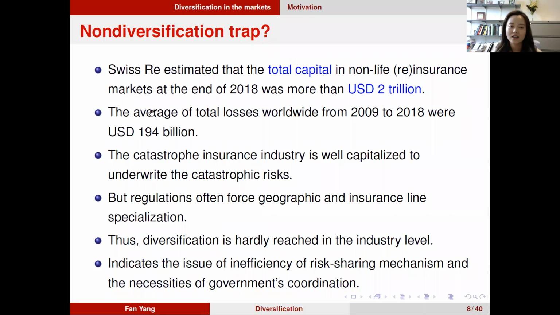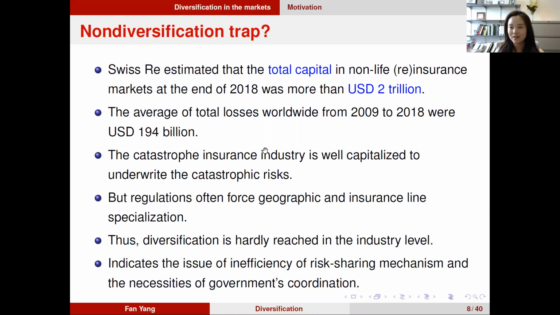And I recall that the average of the total losses worldwide from 2009 to 2018 was only about $194 billion. Comparing these two numbers, we can see that the catastrophe insurance industry is actually well capitalized to underwrite catastrophe risks. That means they have the ability to write insurance contracts to cover the losses.